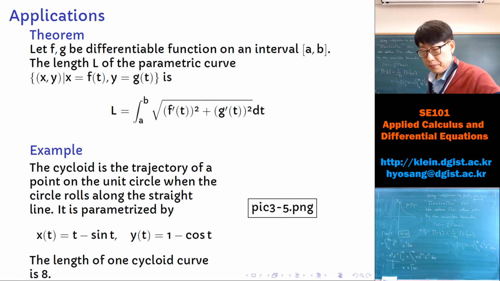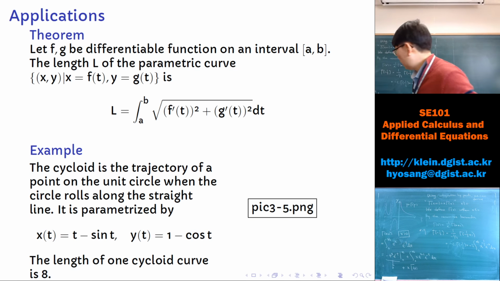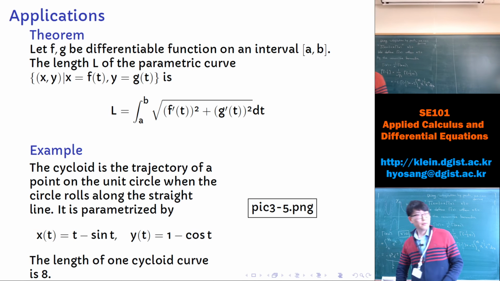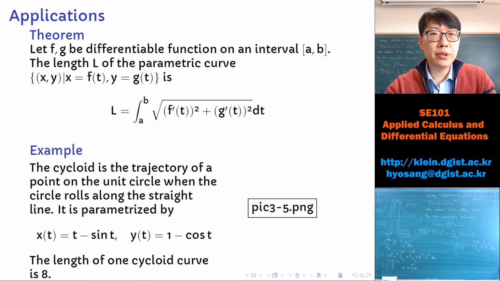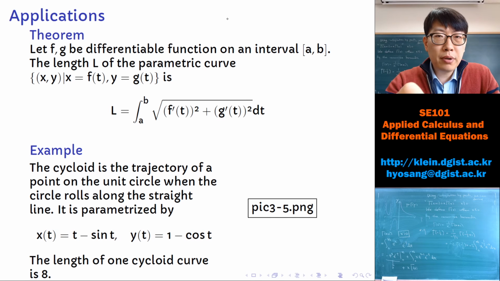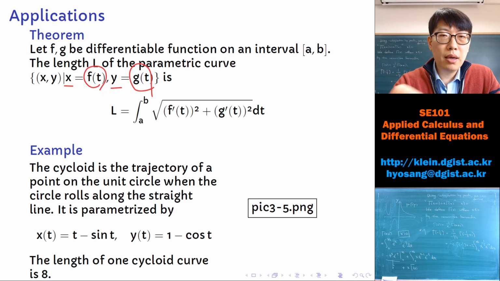From this part, it's a simple application that I think many of you already know. First of all, let me briefly read out the definition here. You have a parametric curve parameterized by two functions, f of t and g of t, for the x and y coordinates.